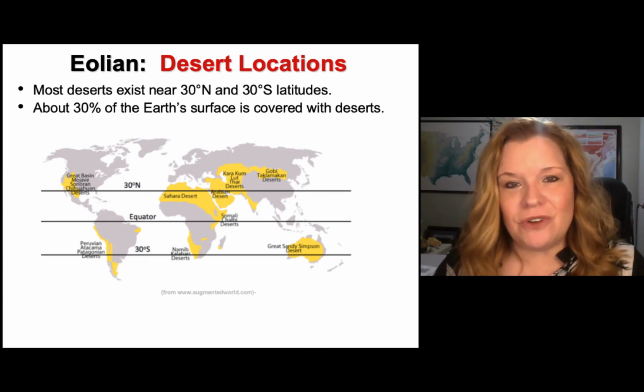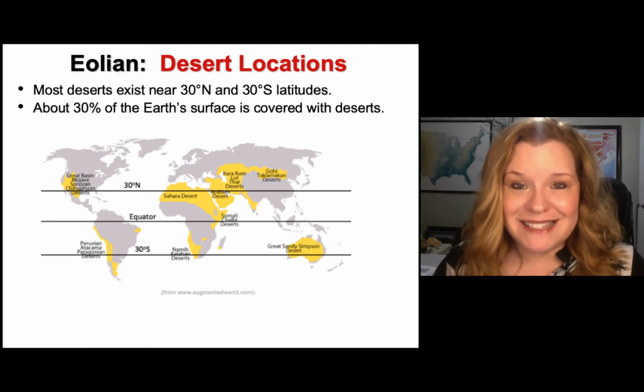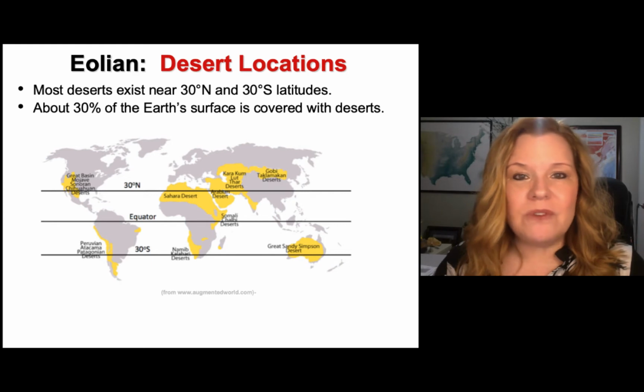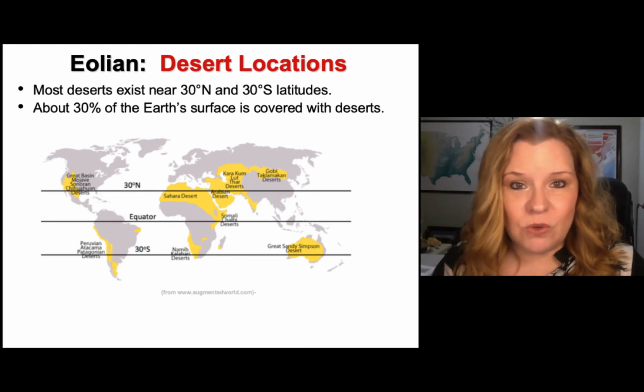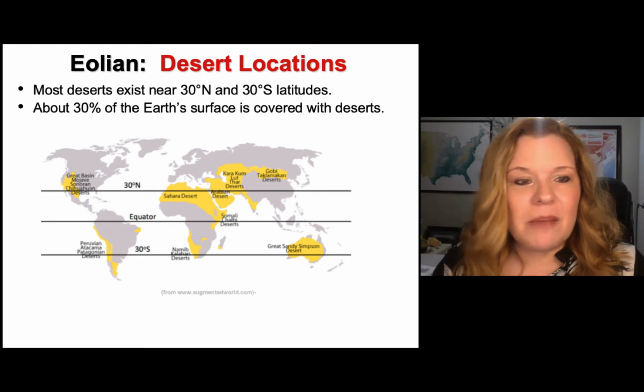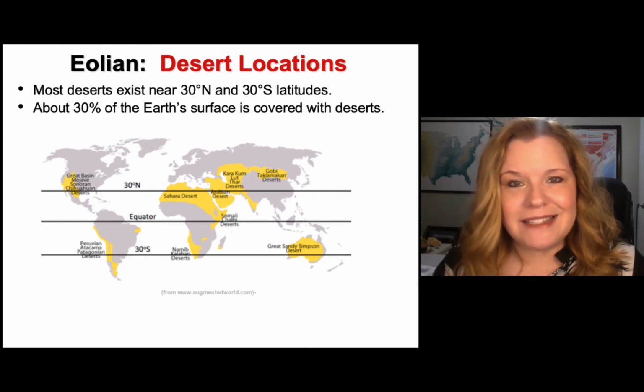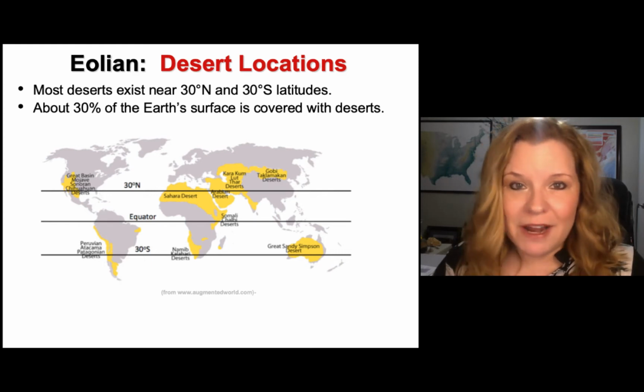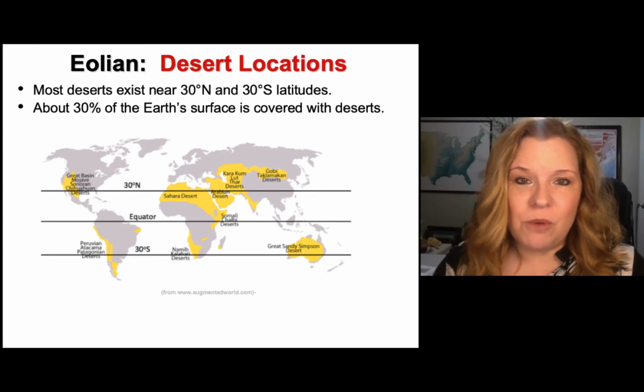The deserts are thriving with life, and most of the time you need to be up at night to see it, because most of the animals come out at night because of cooler temperatures, especially in the really hot deserts. You can see some during the day, and you need to think about the plants and the cactus or whatever might live there. They provide habitat that's super important for animals to survive.